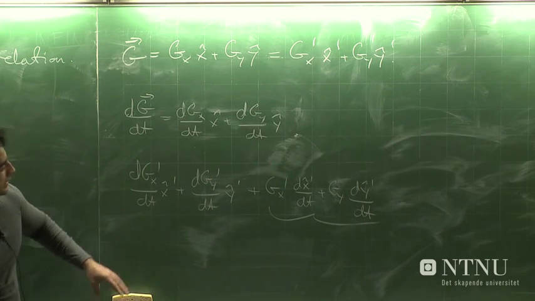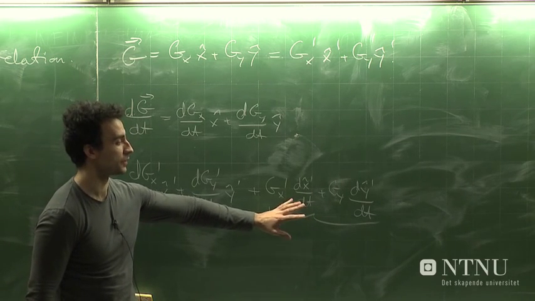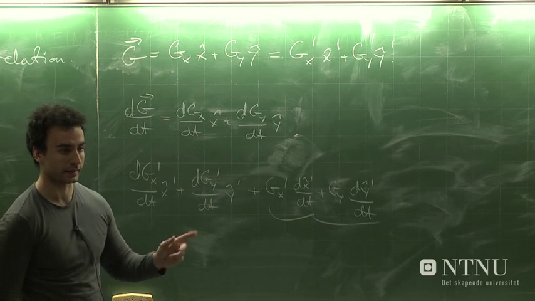Namely, the derivative of the unit vectors. And these are non-zero precisely because the system is rotating.